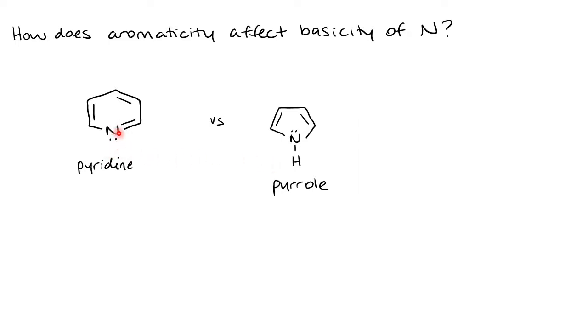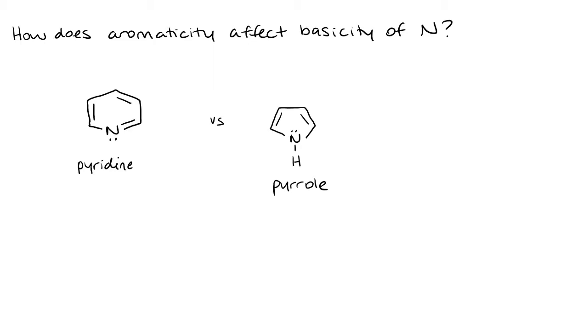Now in pyridine, we have the aromaticity that comes from all atoms being sp2 hybridized, and we have the 6 pi electrons. So this lone pair here is not participating in aromaticity. However, in pyrrole, it's necessary for this lone pair to be donated to the ring in order to convert this nitrogen atom to sp2 hybridization and get the correct number of pi electrons. So currently we can see 4 pi electrons here, but we need 6 in order to meet Huckel's rule and have aromaticity.